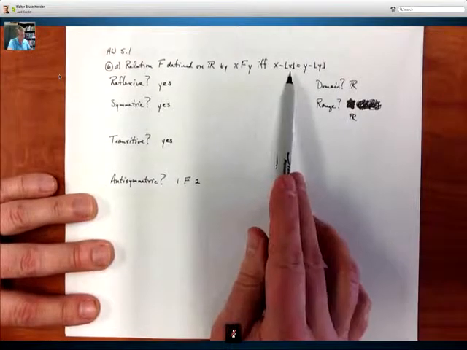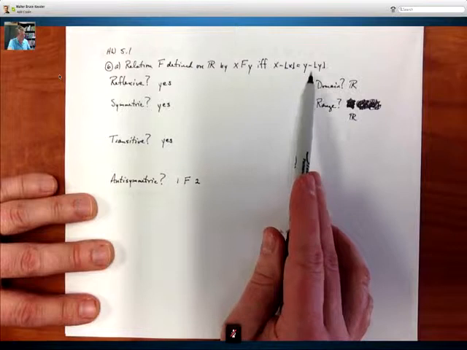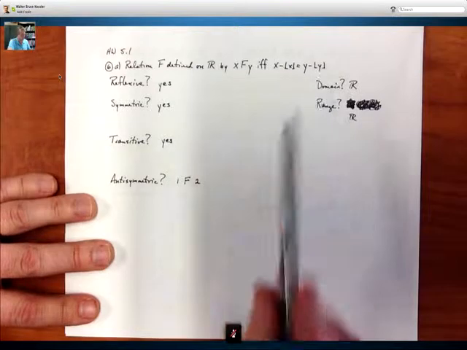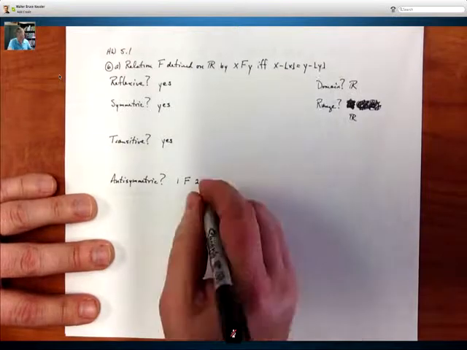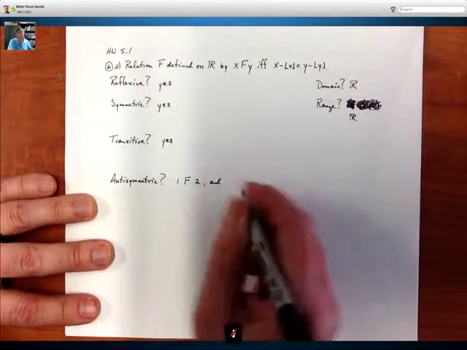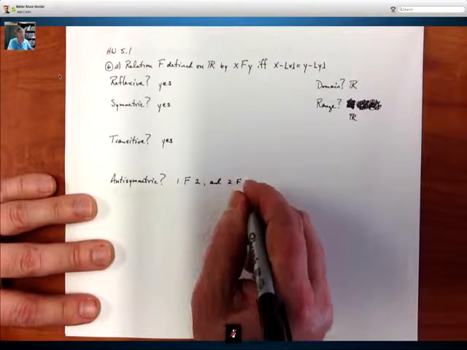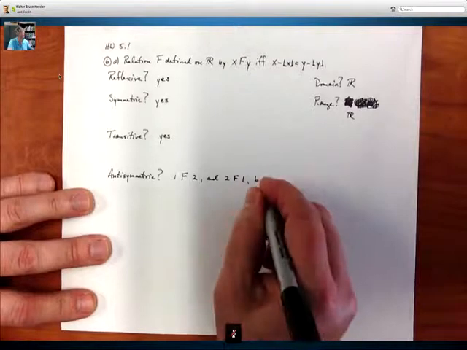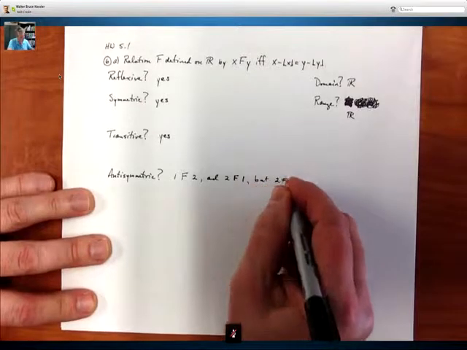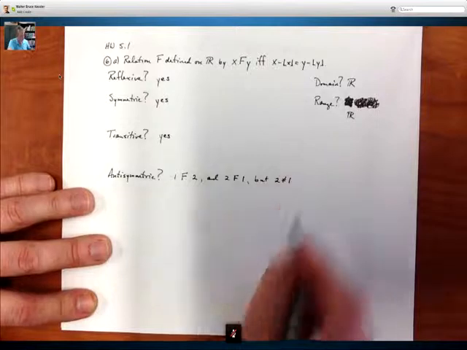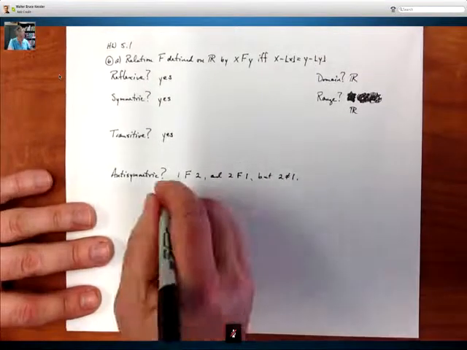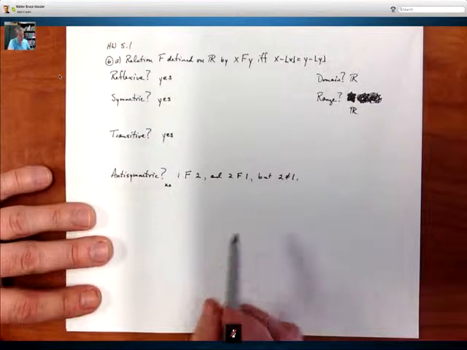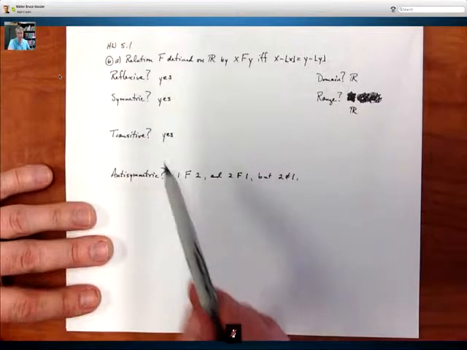Because 1 minus the floor of 1 is 0, and 2 minus the floor of 2 is 0. And 2 is related to 1 for the same reasons, right? But 2 is not equal to 1. So there's a counterexample. So no. Okay. Because it's reflexive, symmetric, transitive.